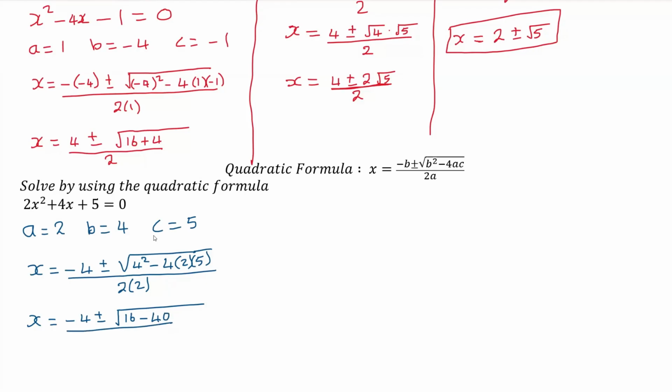So all over 4. So now we say x is equal to minus 4 plus or minus the square root of, when you subtract 40 from 16, you get negative 24.